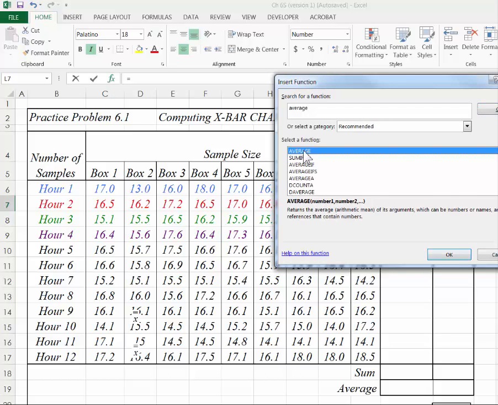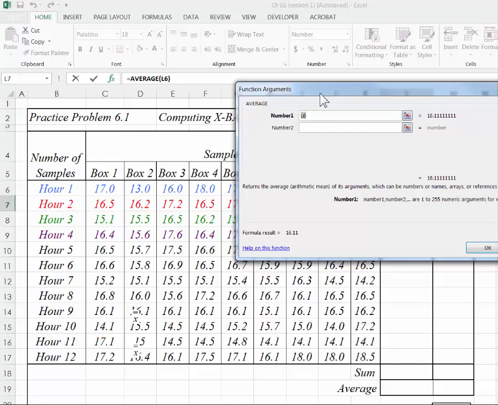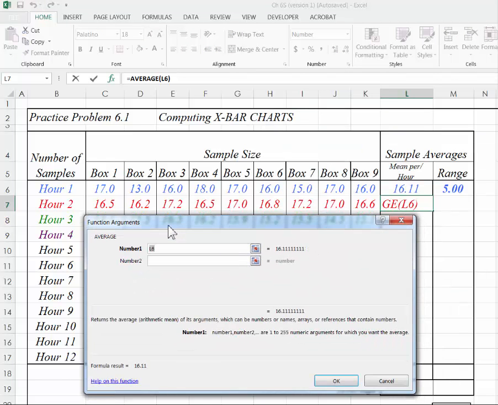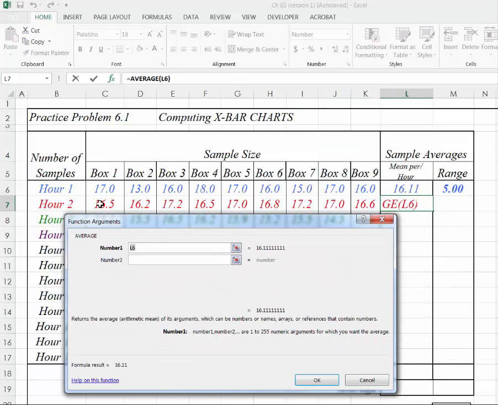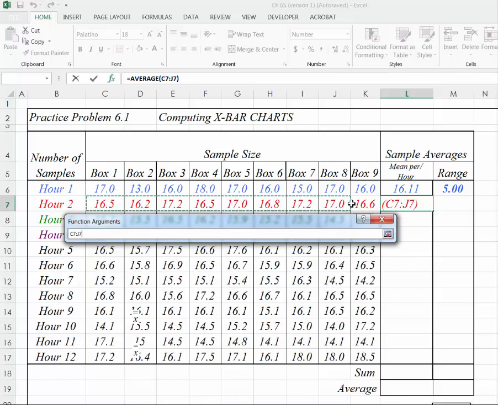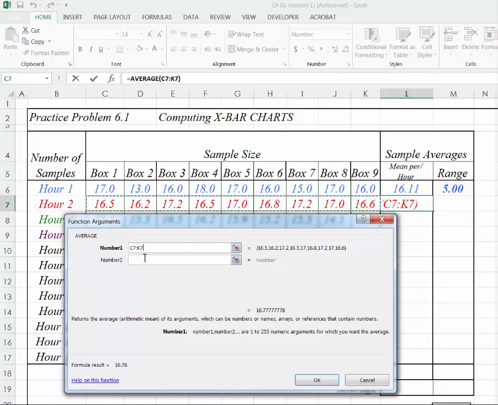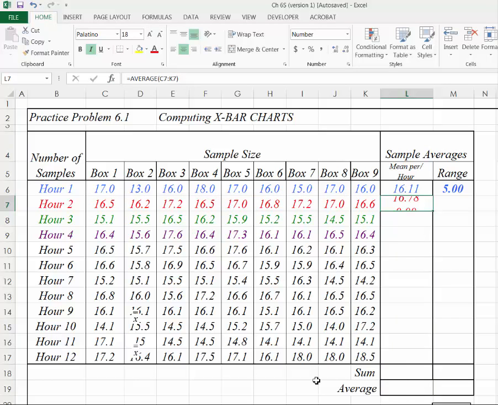So average comes up, I double click on it, and it brings up this function argument box, and I'm just going to highlight this row of data right there. Now it's going to give me the average of C7 to K7, and the average I can already see right here is going to be 16.77, and I'm going to hit OK.